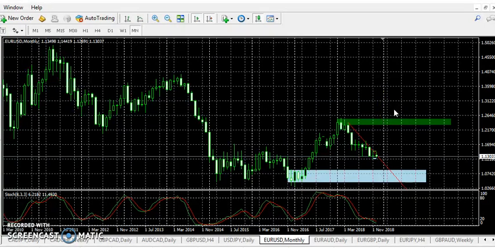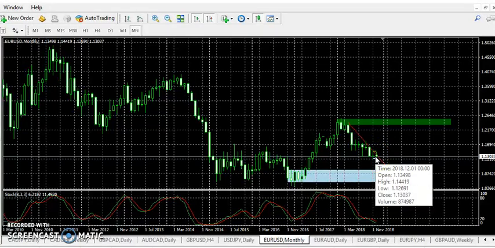However, what we also must take into consideration is if price comes into our demand zone, we have to see if it breaks our demand zone. If it does not break below this level, then this bearish impulse could be a structural retest of this demand to continue up to our supply and break the supply.